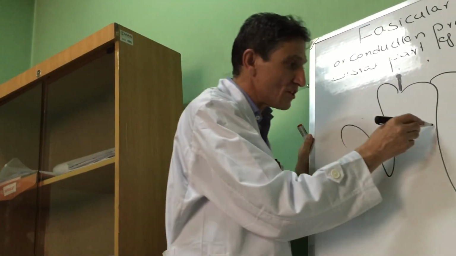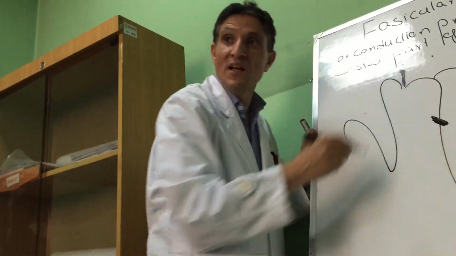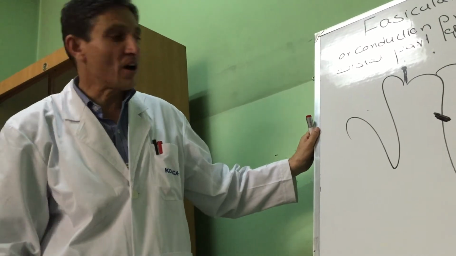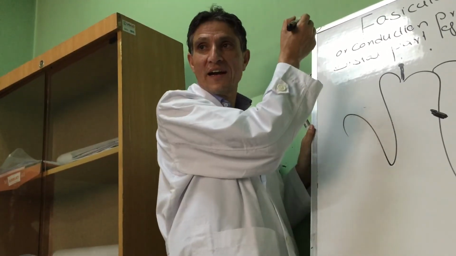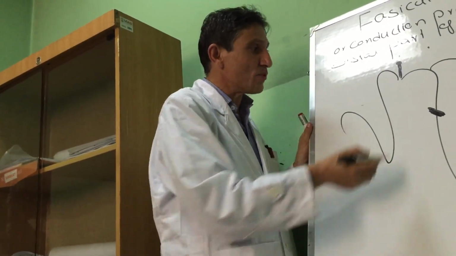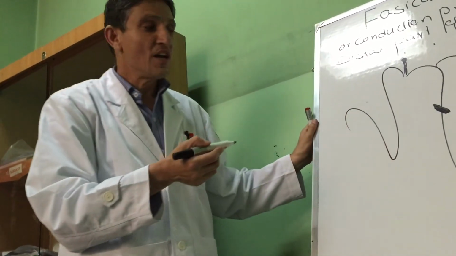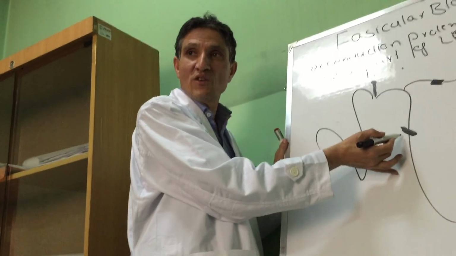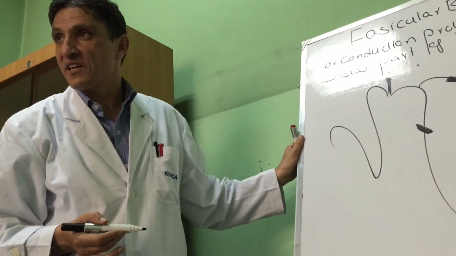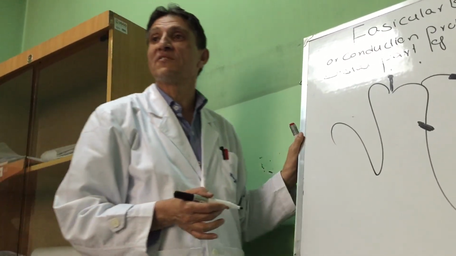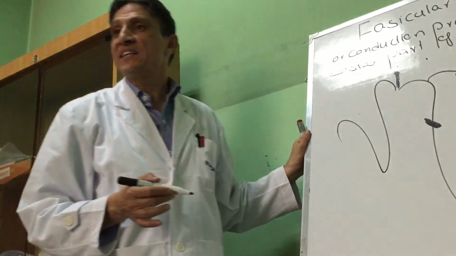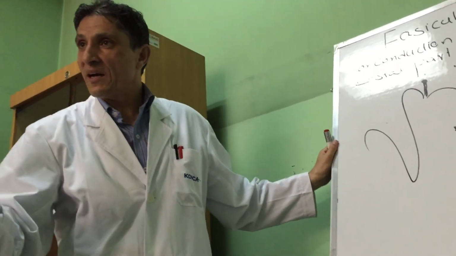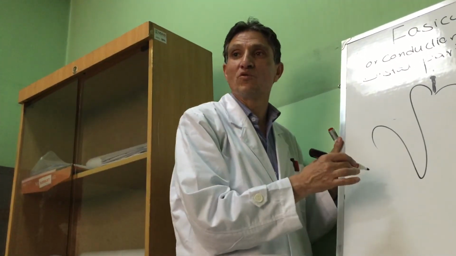Now we are coming to the posterior fascicular block. In a patient who has posterior fascicular block, the axis should be directed toward the right, and the ventricle is depolarized by the right axis. So in cases of posterior fascicular block, you will have right axis deviation. ECG criteria of a patient with right axis deviation: negative QRS complex in lead 1 and positive in leads 2 and 3.